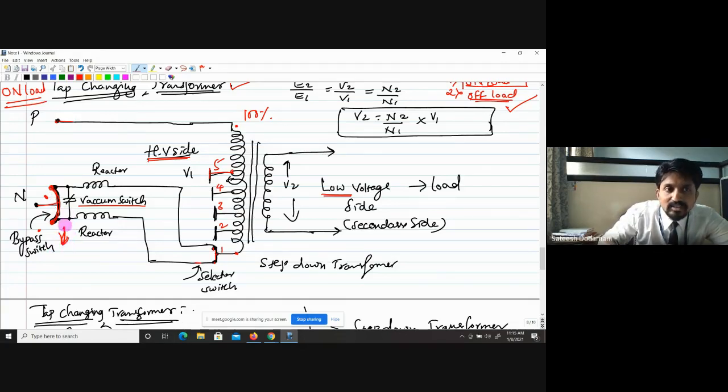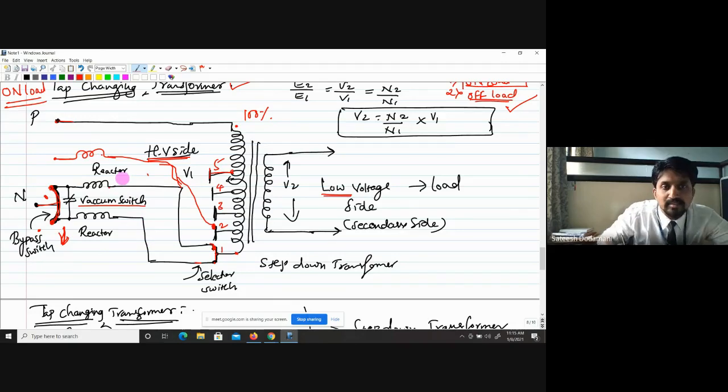As this connection gets open, the vacuum switch, which was already closed, now becomes open, and at the same time this particular point of the selector switch should move to this point. I will show you that here with another line. So it moves here. As it moves here, a reactor will be here as it is.